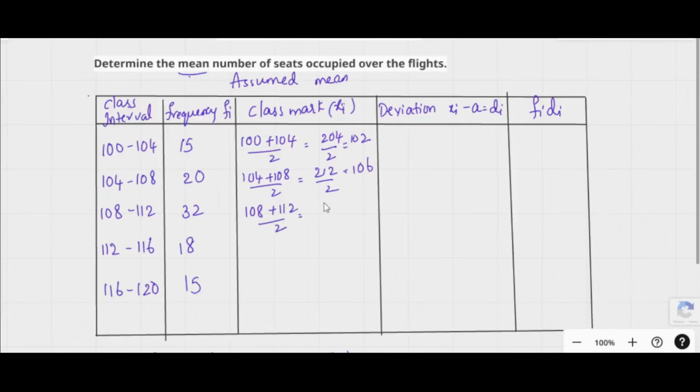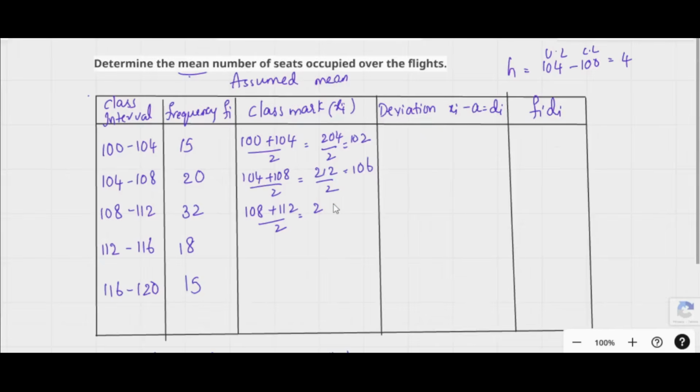Here is a small trick. h means the class width. h is equal to the class width, that is 104 minus 100, upper limit minus lower limit, which is equal to 4. If you keep on adding 4 to your class mark, it's fine.